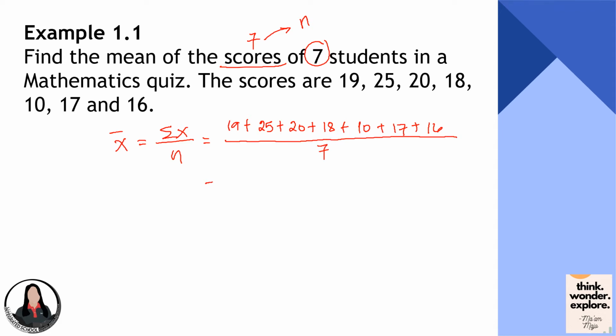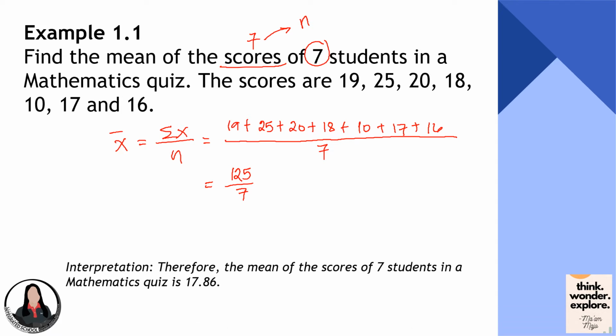So simply, when we add this, you are permitted to use your scientific calculator in adding such values. Pag pinindot natin siya, it will come up with 125 all over 7. Therefore, the mean of the scores of 7 students in a mathematics quiz is 17.86.